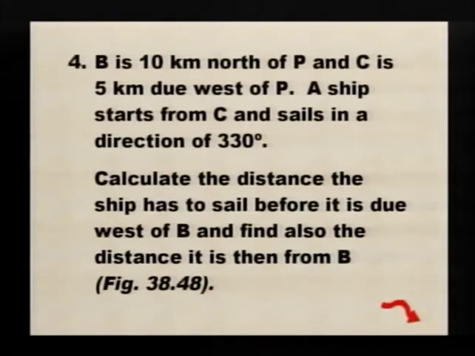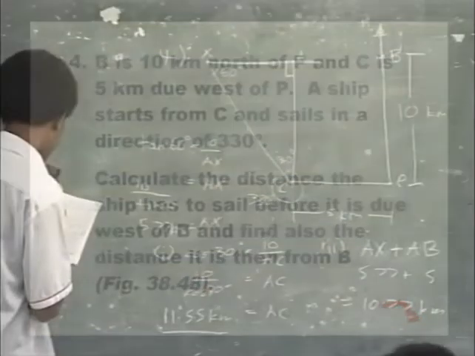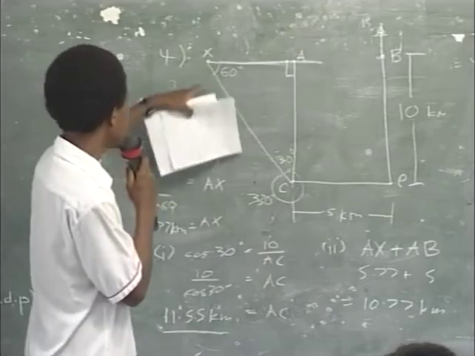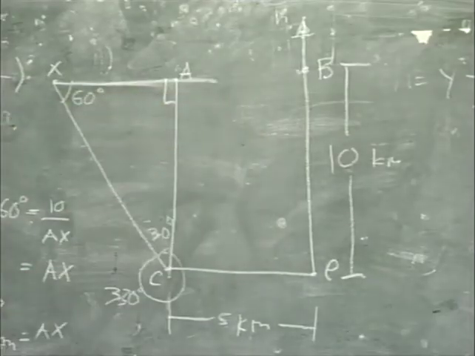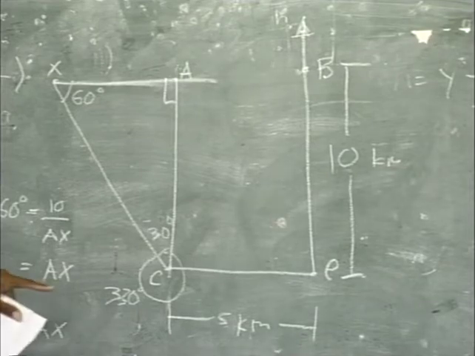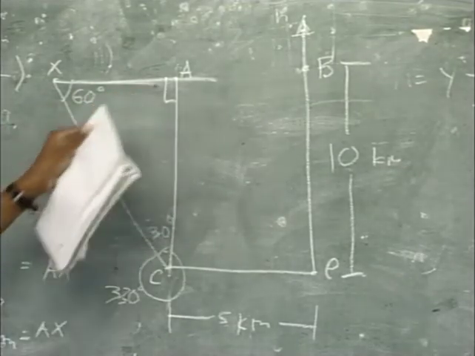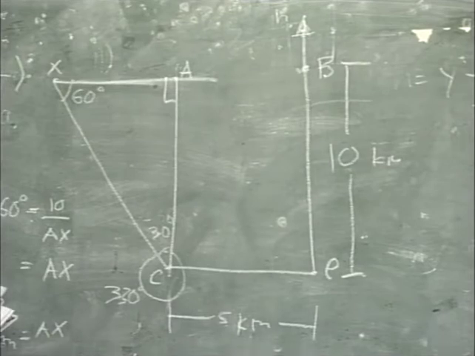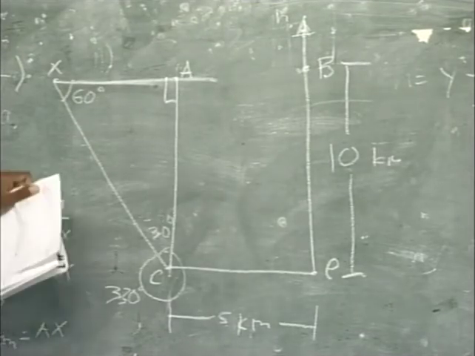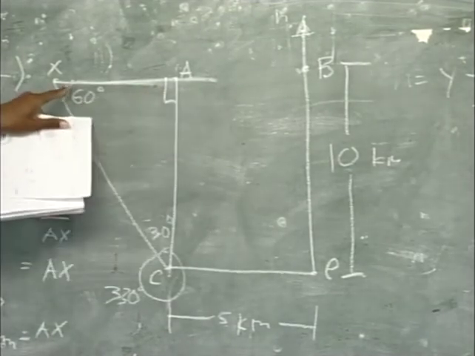To find the distance the ship has to sail before it is due west of B, first we have to find this distance.